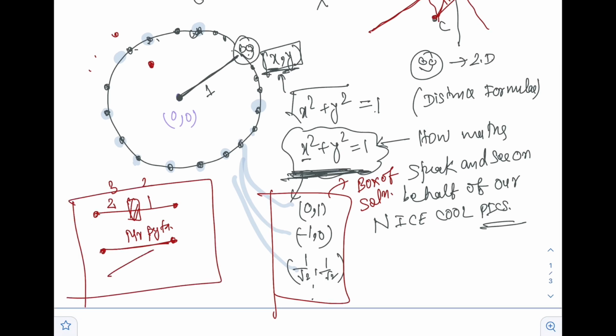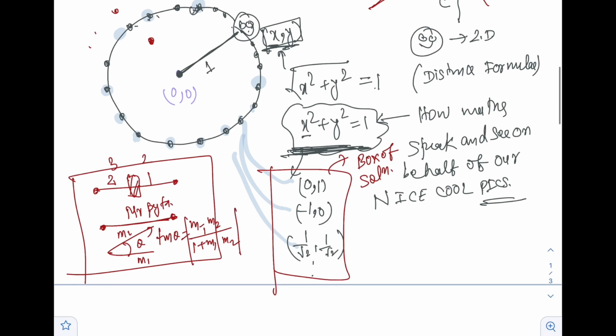Then we have one more tool, which is the angle between two lines. So tan theta is given as m1 minus m2 by 1 plus m1 m2, if the slopes of the lines are m1 and m2. And of course, if you want this theta to be acute, we have to take the modulus.